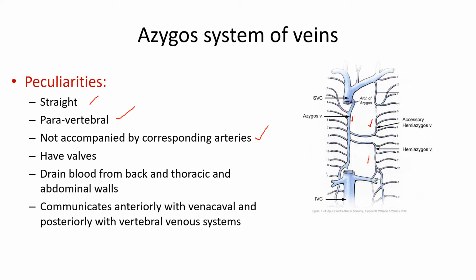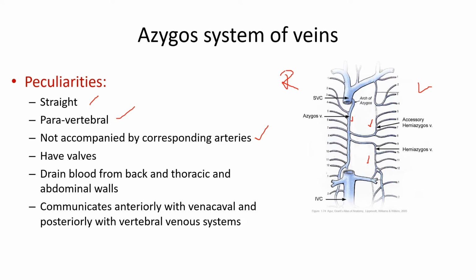These are seen on the left side. This is the left and this is the right, and on the right side is the Azygos vein. So these are straight in direction. They are paravertebral on either side of the vertebral column, and they are not accompanied by corresponding arteries.